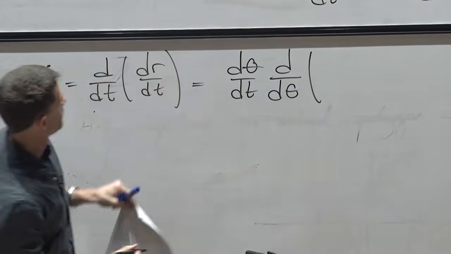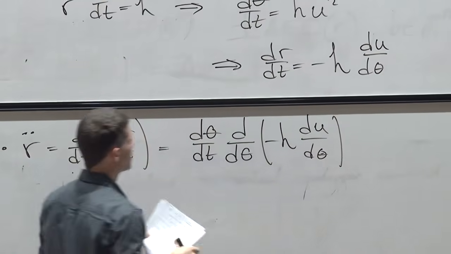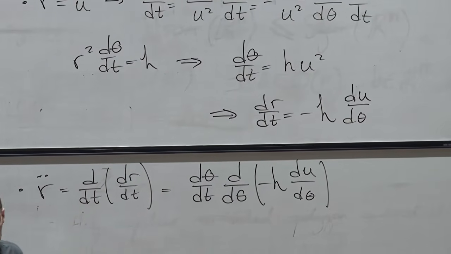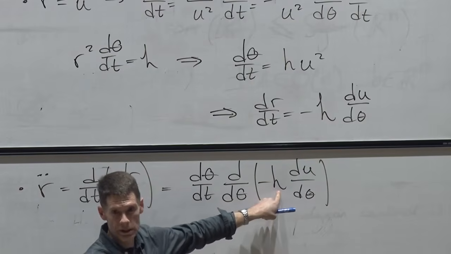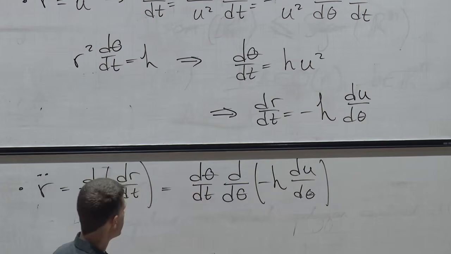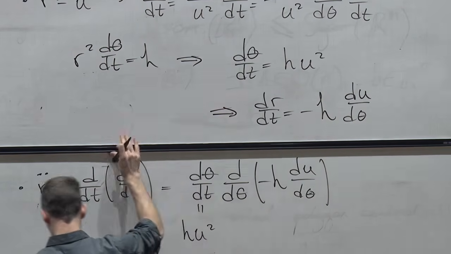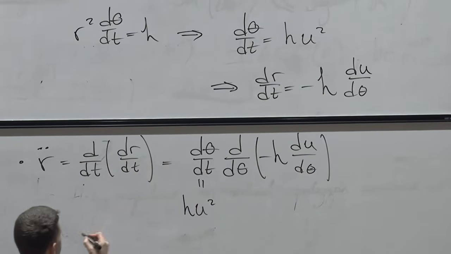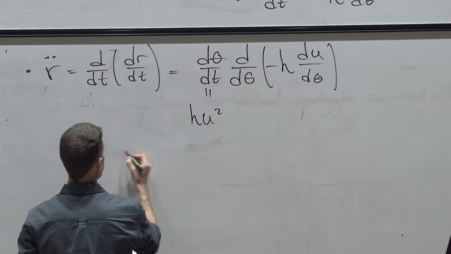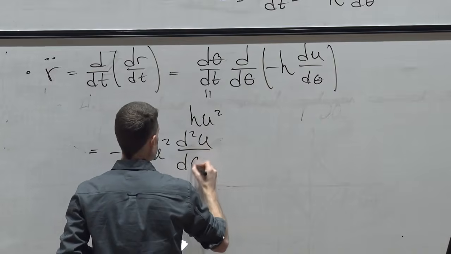And dr dt we've just written as minus h du d theta. But this is nice because when I take a d d theta, h is constant, so there's just a second derivative of u with respect to theta, and then I've got this d theta dt, which as before is h u squared. So therefore, r dot dot becomes, I have an h that I can pull out there, so that's minus h squared u squared d squared u d theta squared.